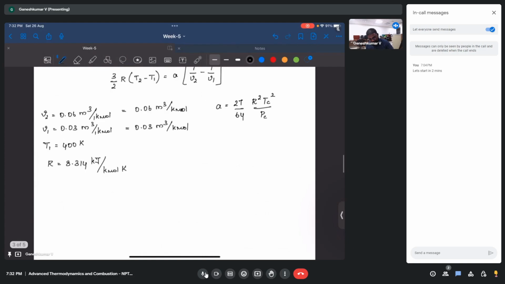Now from tables, in a property table you will find the properties of argon. From there you can find Tc and Pc. Tc is going to be 151 Kelvin for argon. Pc is going to be 48.6 bar.